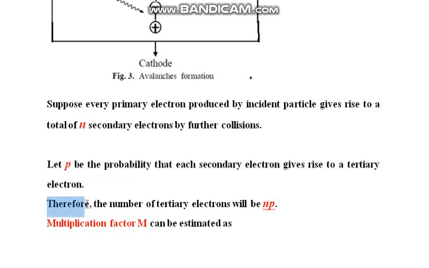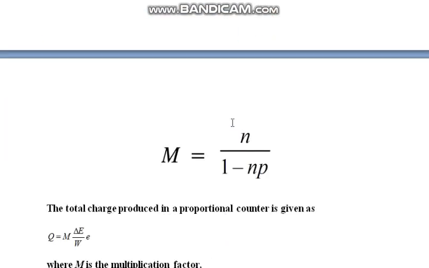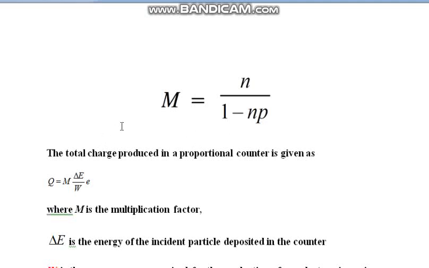Therefore, the number of tertiary electrons will be n into P. If each tertiary electron in turn produces electrons by further collisions with the same probability and so on, then the gas multiplication factor m can be estimated by using the geometrical progression formula, which is given as m is equal to n divided by 1 minus n into P.